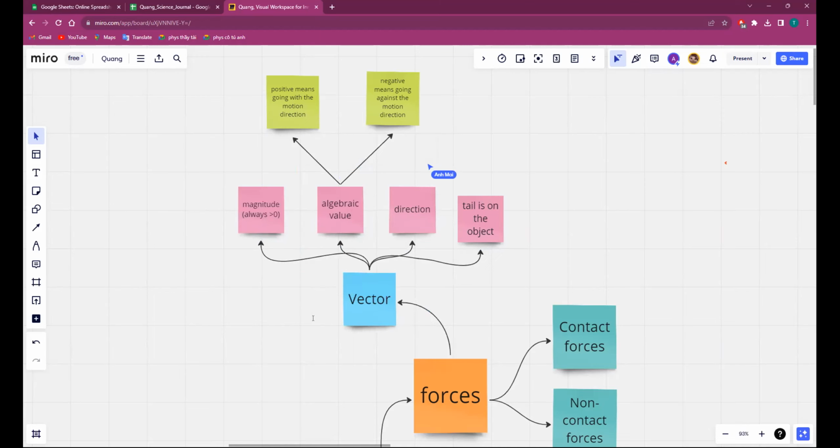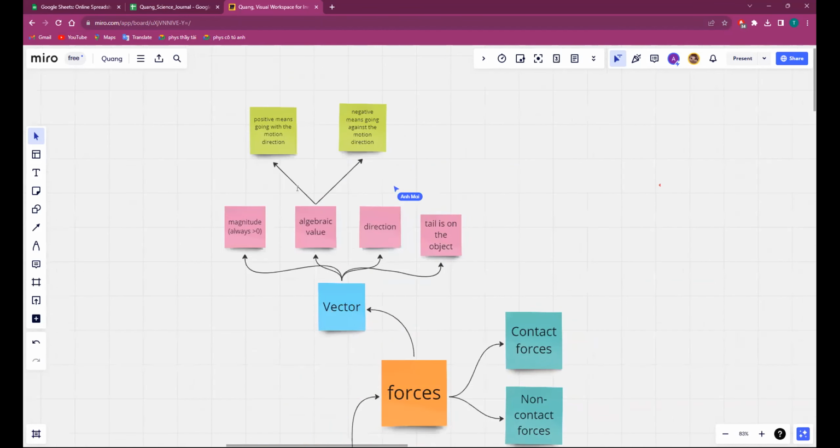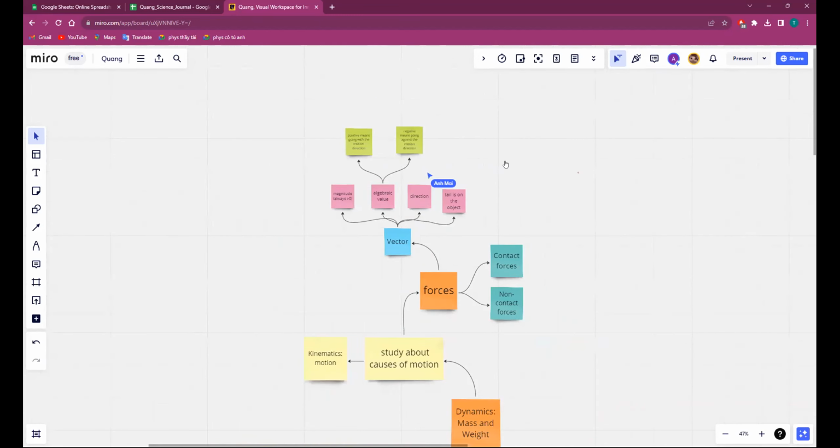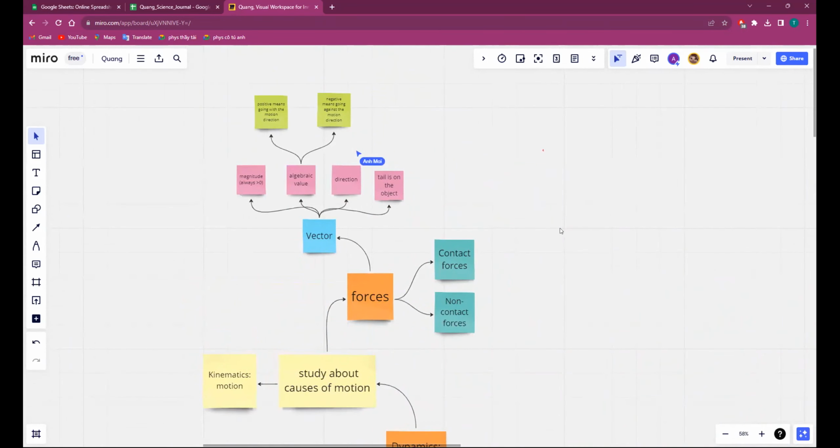This is very important when we want to solve problems with forces. So make sure you always remember the difference between algebraic value and magnitude, okay? Good. Then continue.